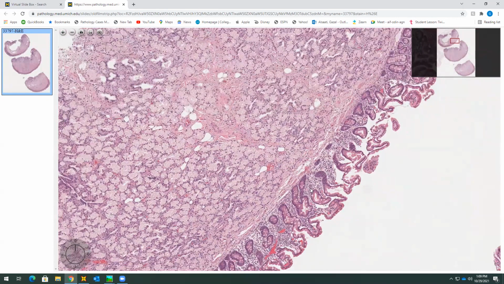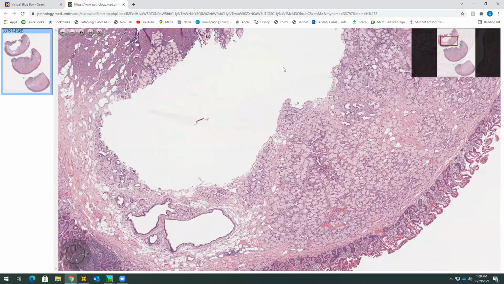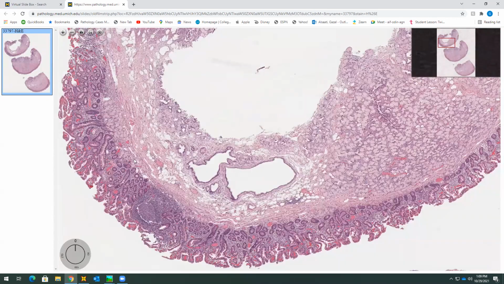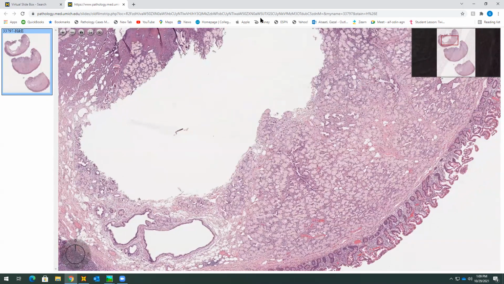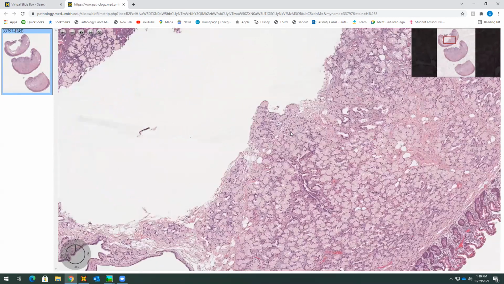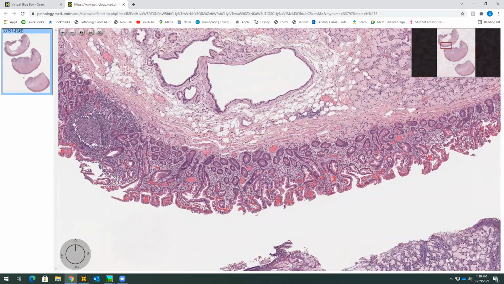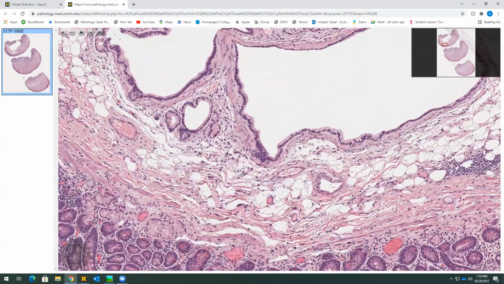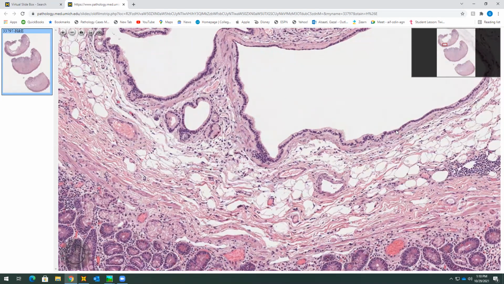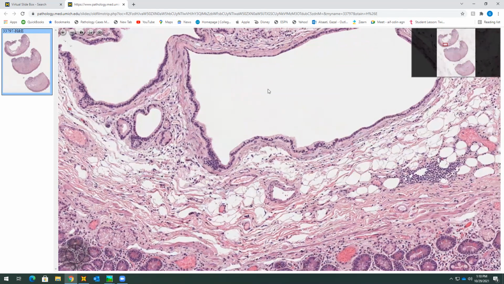And now you have a huge filling lesion in the middle of your duodenum. You have some dilated cystic ducts as well with foveolar mucinous epithelium.